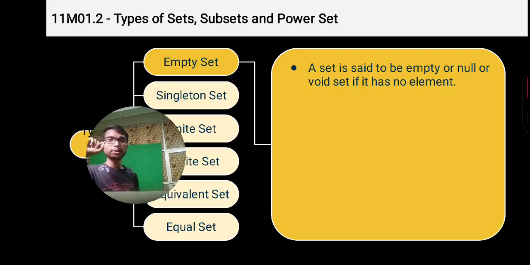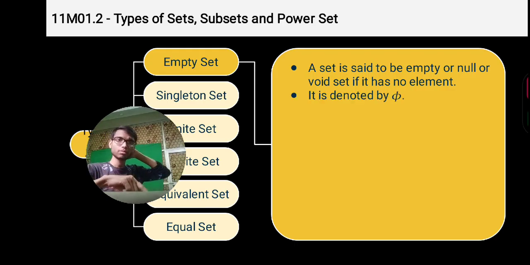Did you understand? No elements, only curly brackets. It is denoted by phi. How to pronounce it? Don't worry. Phi.